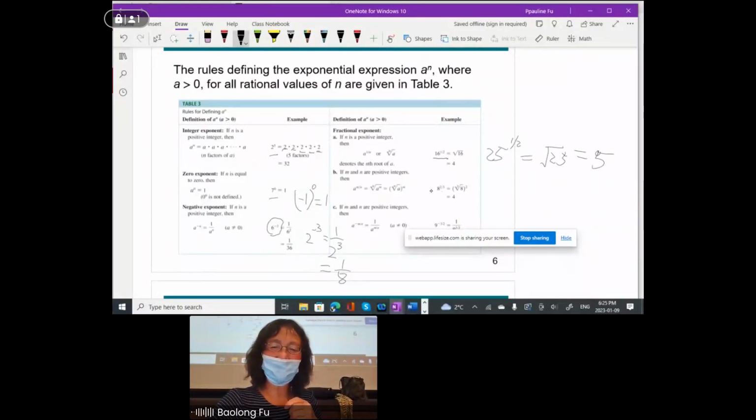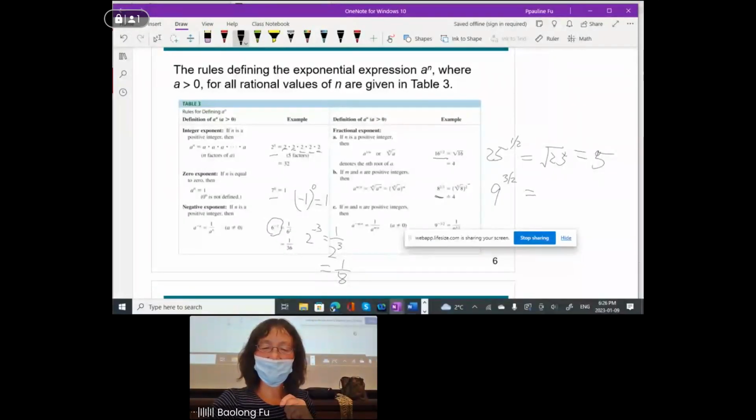And sometimes if you have this format, 8 raised to power 2 over 3, that means 3 is the root and 2 is the power. So another example would be maybe 9 raised to power 3 over 2. What would this number be?